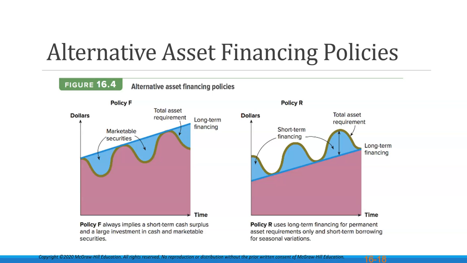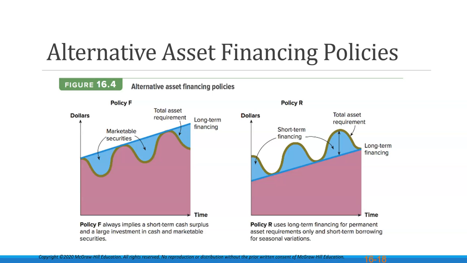And we can see the dips where we have cash surplus and when we need to fill in with marketable securities because we have a shortage. In policy F, we have cash surplus or a large investment in marketable securities that can be easily sold off to pay cash for things.